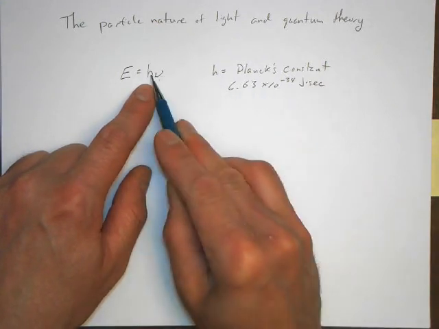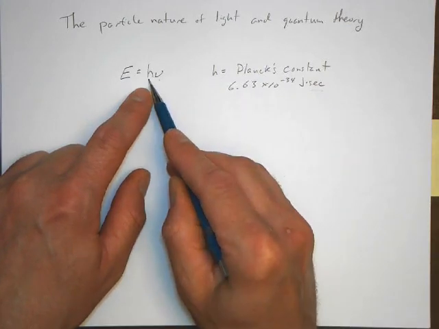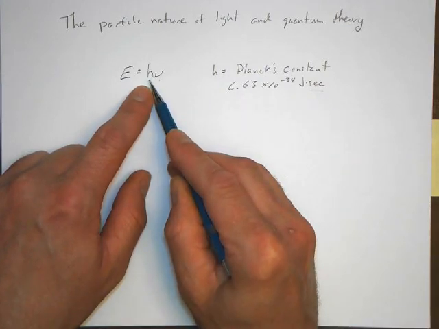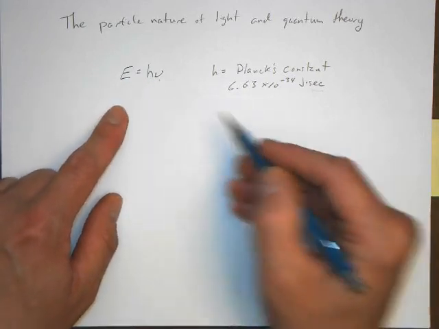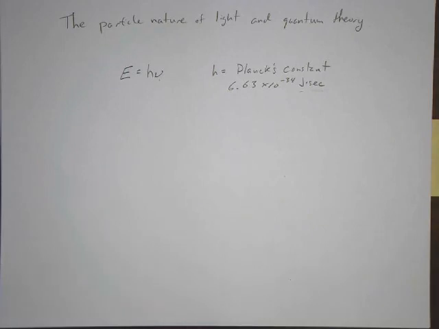You multiply the frequency, in seconds to the minus one or hertz, by Planck's constant, h, and you end up with energy units of joules. With this, we can calculate the energy involved in a particle of light, a packet of light, something called a photon.